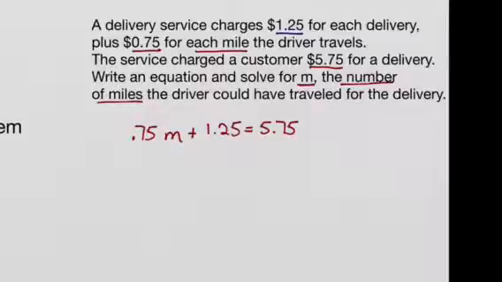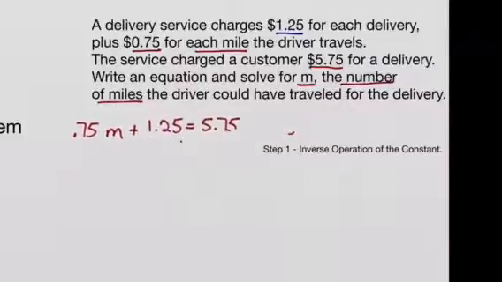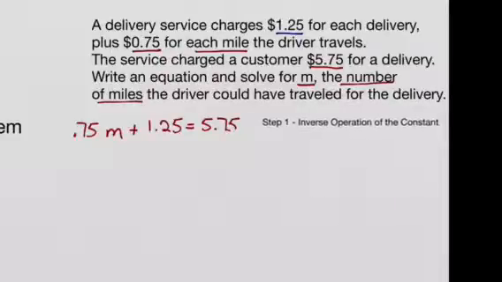So now, we have to do a couple different things. Step one is the inverse operation of the constant. So let me go ahead and take this equation that we wrote, and I'm going to move it over here, get it out of the way a little bit. Let's clean this up a little bit right here. All right, so I need to do inverse operation of the constant.